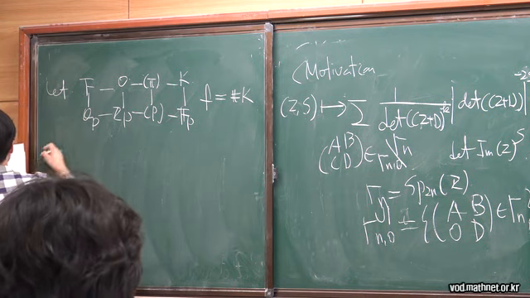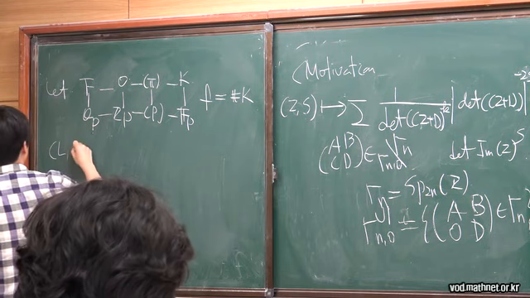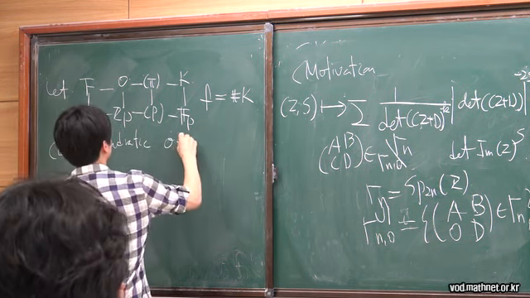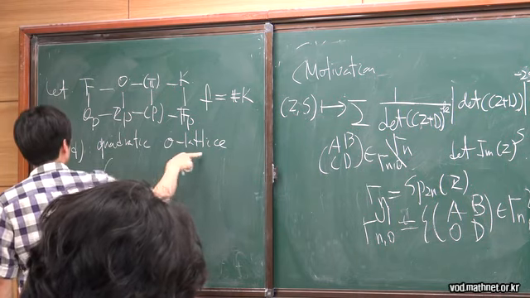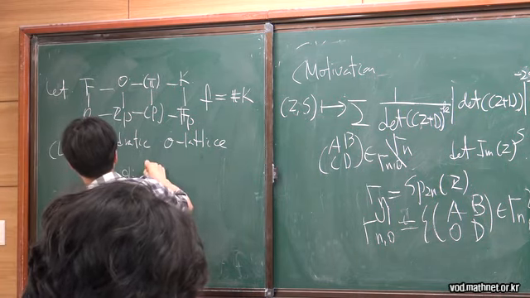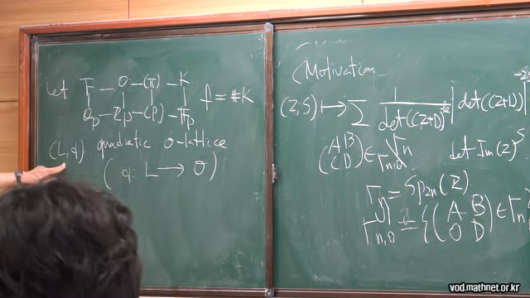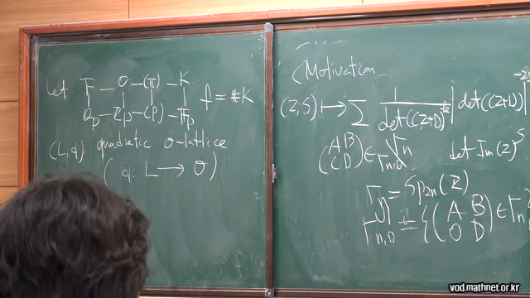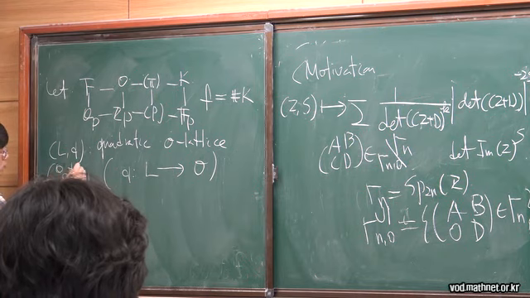So I will choose L, a quadratic O lattice. By the way, the definition of a quadratic O lattice is that Q is a quadratic form defined on L, or the associated matrix is symmetric with entries contained in O. Actually, the diagonal entries are contained in O, and the non-diagonal entries are contained in 1 over 2 O, right?